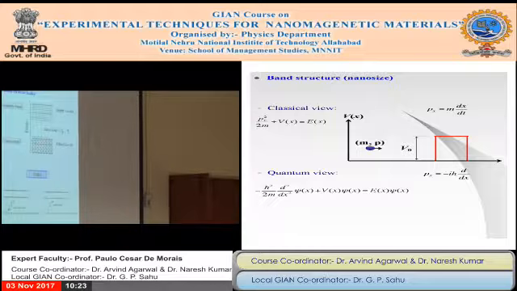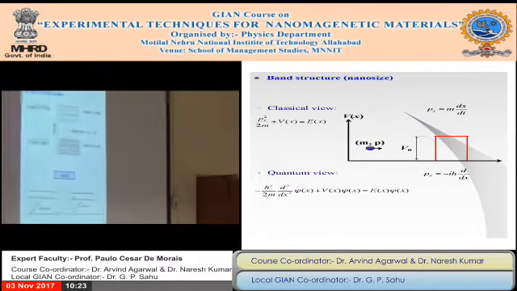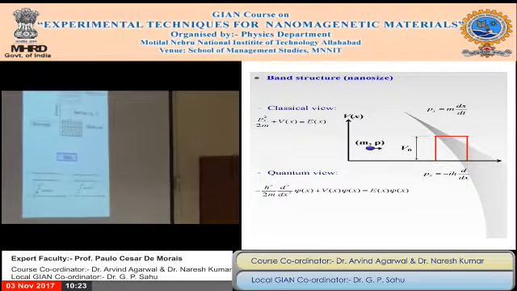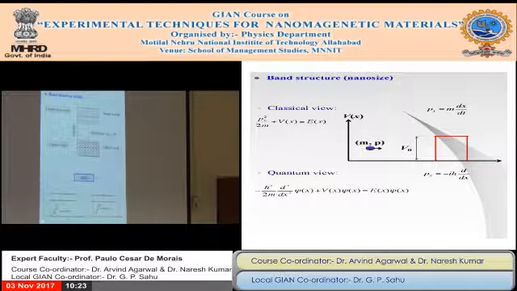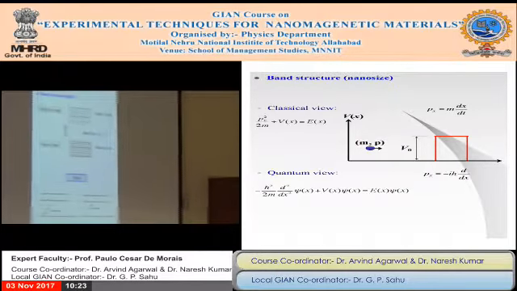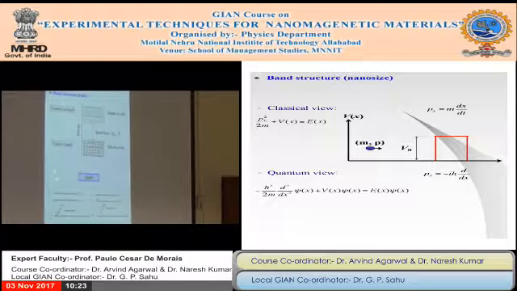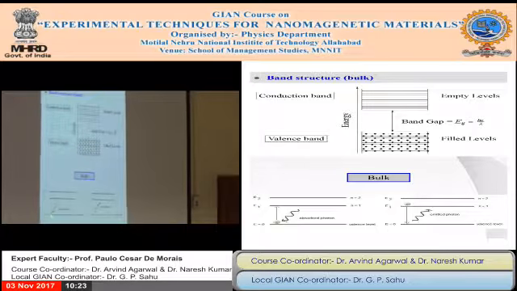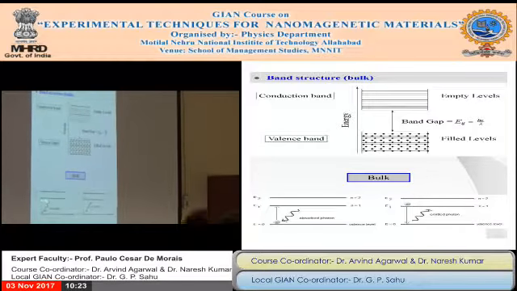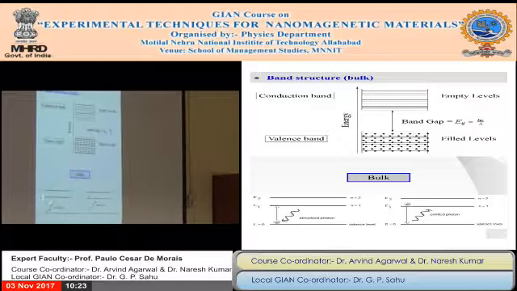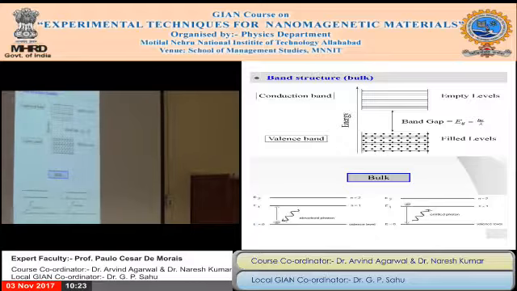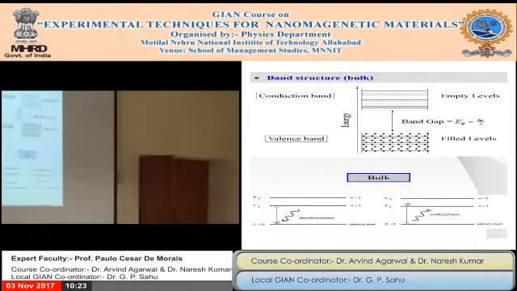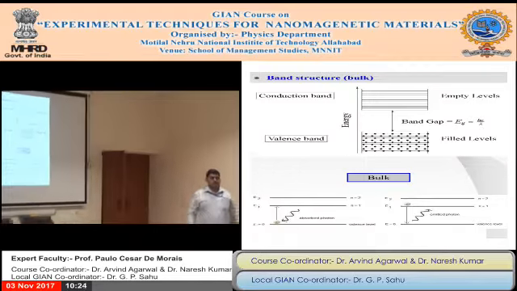When it has this transition, it just emits a photon. In the other way, if you illuminate your material, your system absorbs a photon, and there is a transition from the ground to the excited state. But eventually that electron in the excited state in the conduction band is not going to survive there forever.